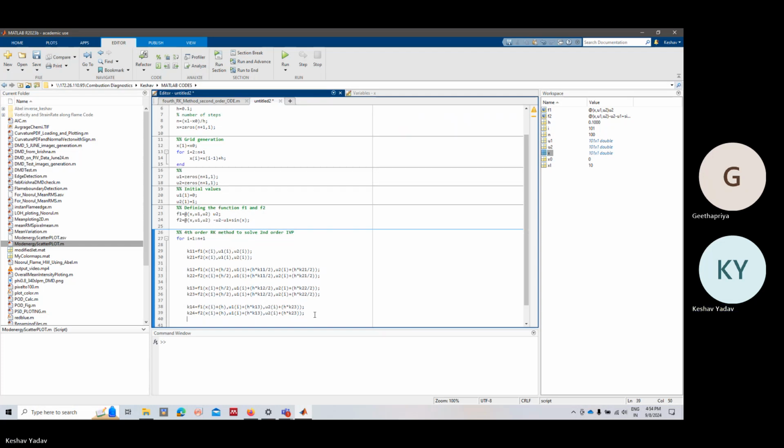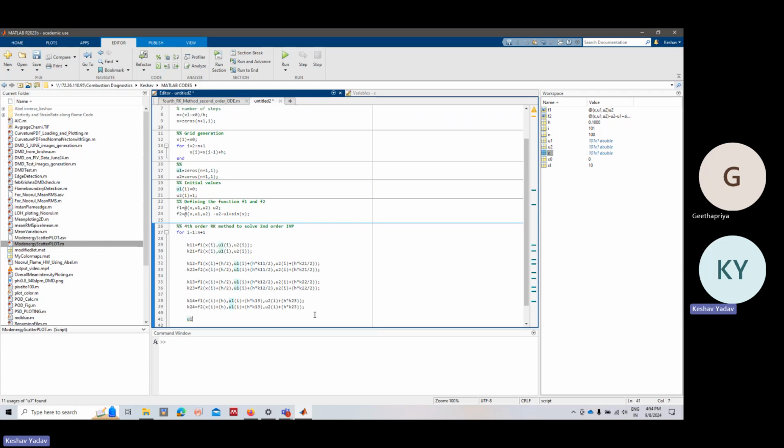Now I will find the U. So U1 at i plus 1 will be equal to U1 at i plus h by 6, K11 plus 2 multiplied by K12 plus 2 multiplied by K13 plus K14.